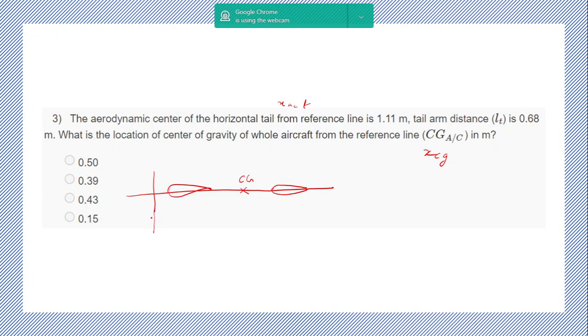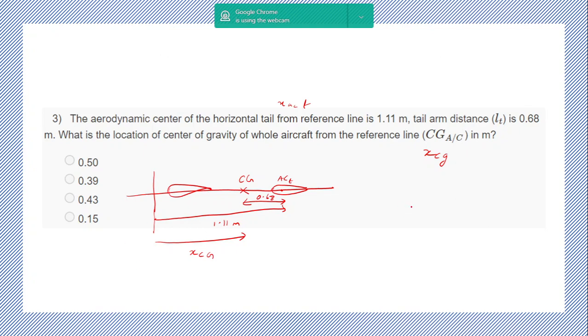So what they've given to you is the aerodynamic center of the horizontal tail from reference line. So this is given as 1.11 meter. Then they've given you LT. LT is the distance between XCG and, so this is AC of the tail. They've given you this as 0.68 and they've asked you to find out this distance, that is XCG.